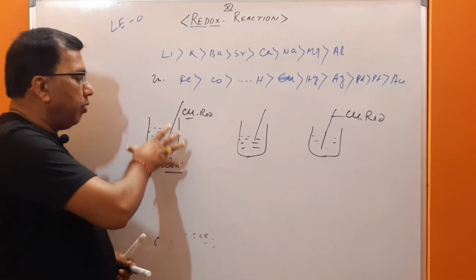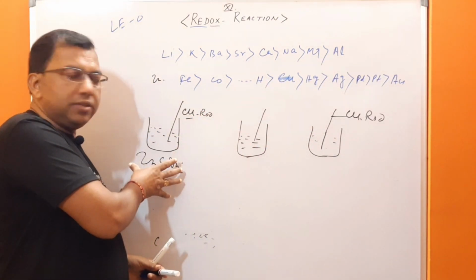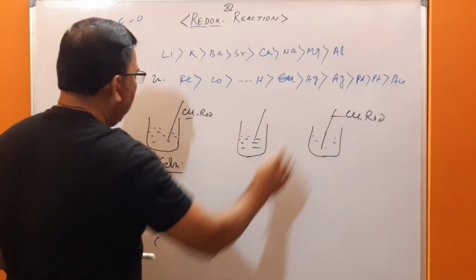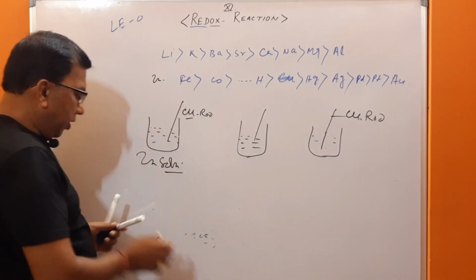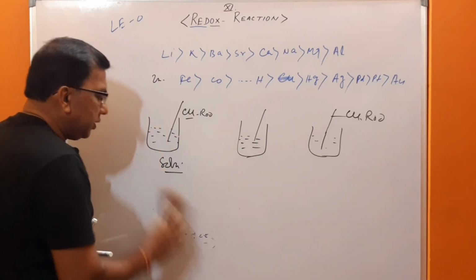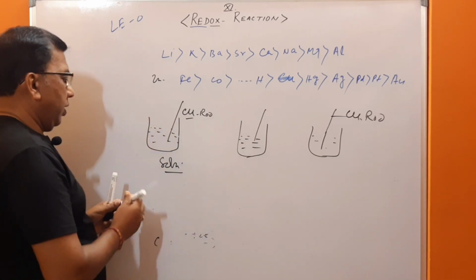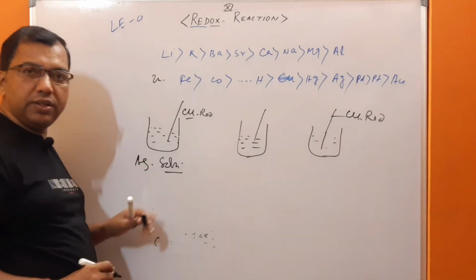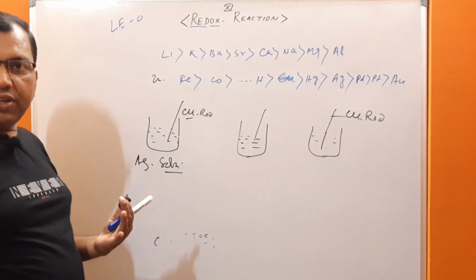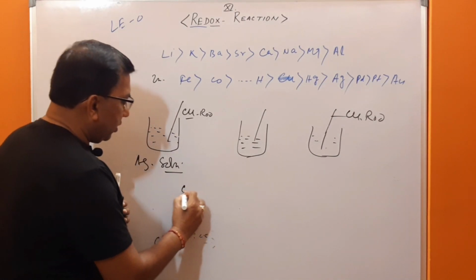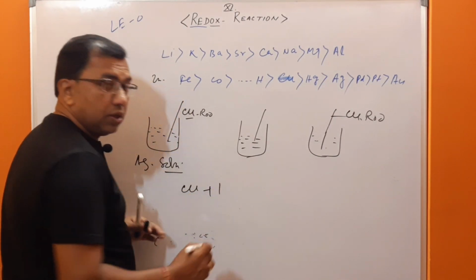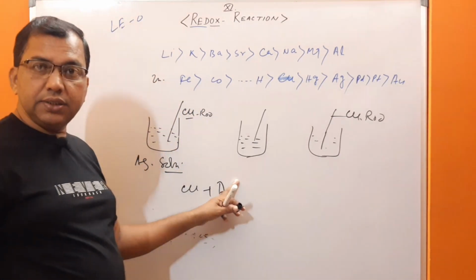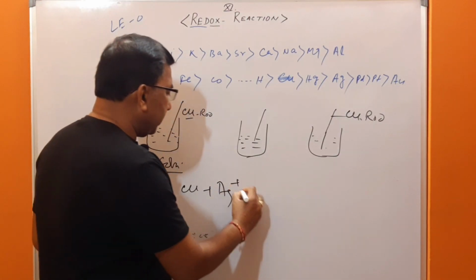But if you put a silver nitrate solution with the copper rod, then it will displace easily. If it is a silver solution, copper will easily displace it, because Cu plus Ag+ will form Cu2+ plus Ag.